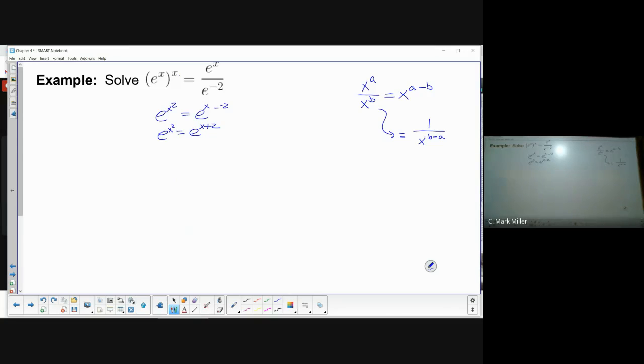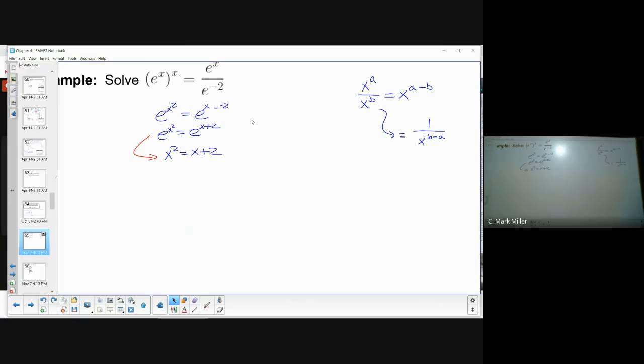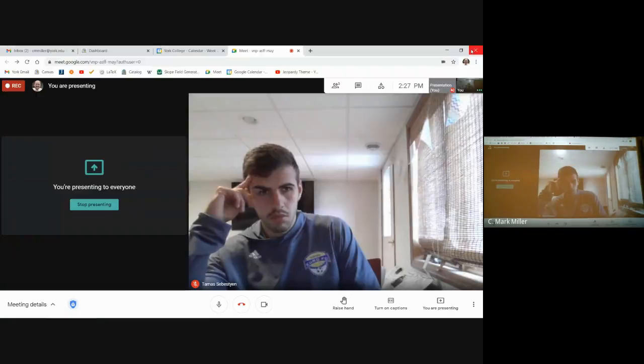Equal bases, equal exponents. My board's going to freeze, so I'm going to get out of this real quick and get back in.